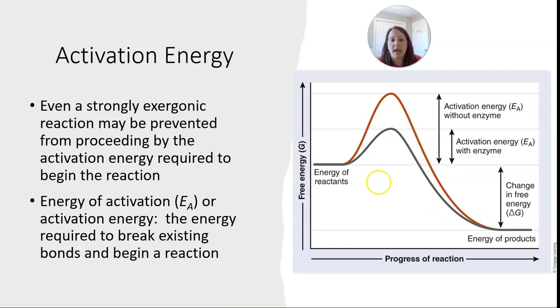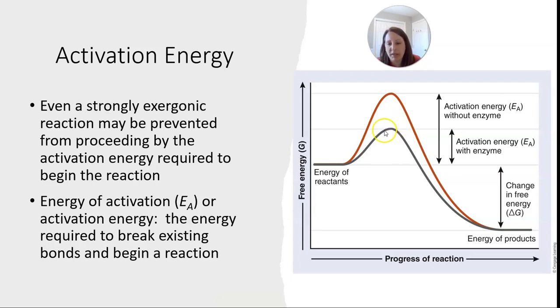In red, we have the reaction profile without an enzyme. You can see this big hump here is the energy of activation. This is that energy bump that brings us to the transition state. This must be overcome in order to form products. What an enzyme does is lower that energy of activation.